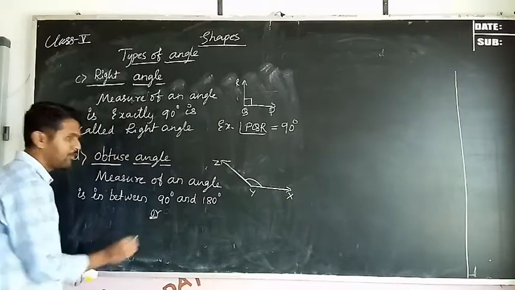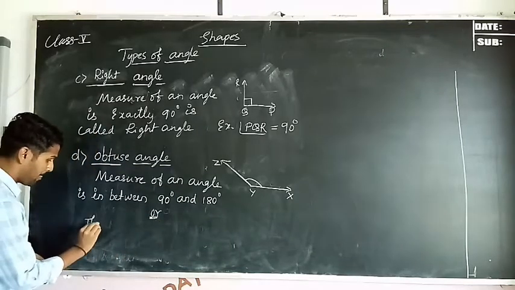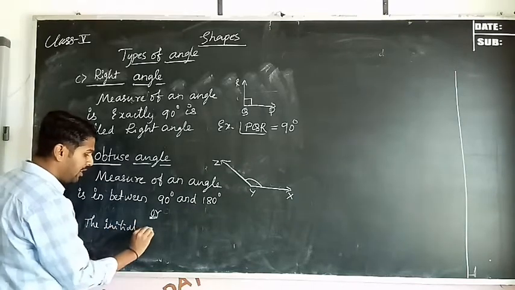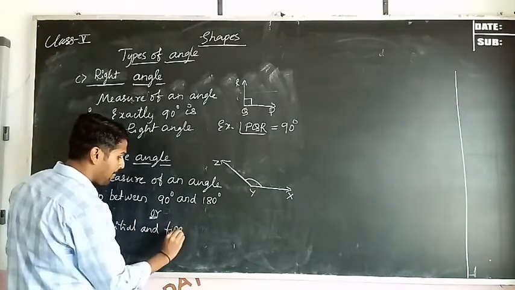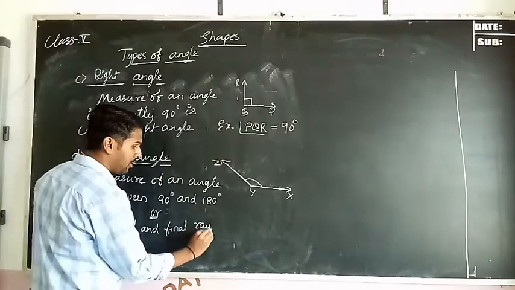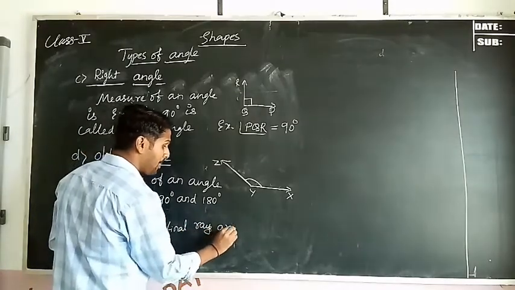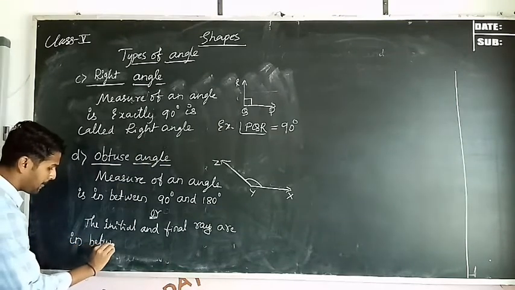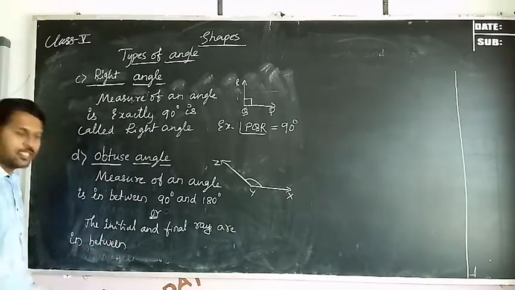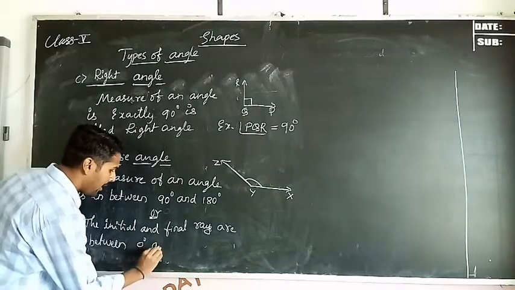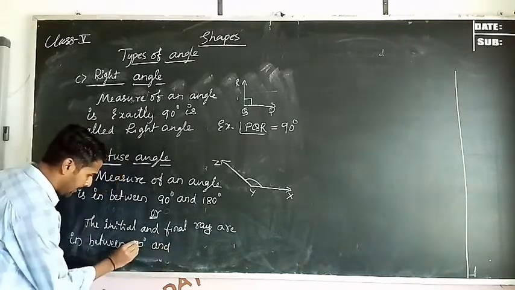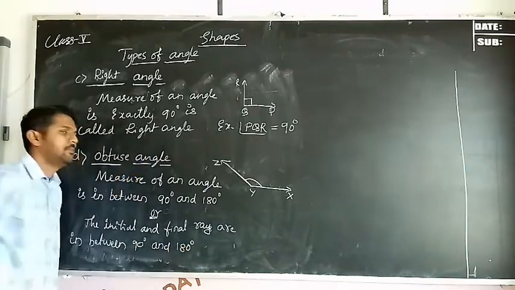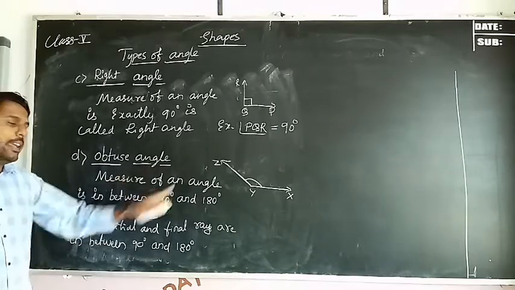Otherwise, the initial and final rays are in between which degrees? 90 degree and 180 degree. This is called an obtuse angle.